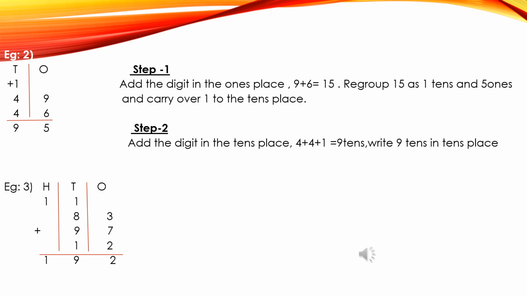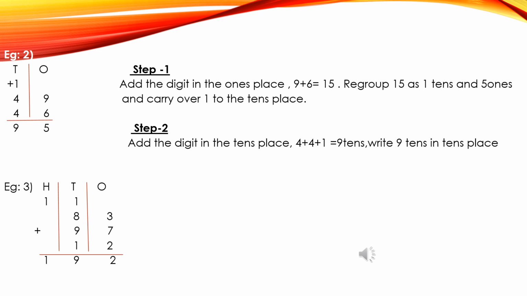Understood now? Now add 8 plus 9 plus 1. How much? 18, plus the carried over 1. You have to add that also. Totally how much will you get? See, 8 plus 9 plus 1 is 18, plus carry over 1, that is 19.